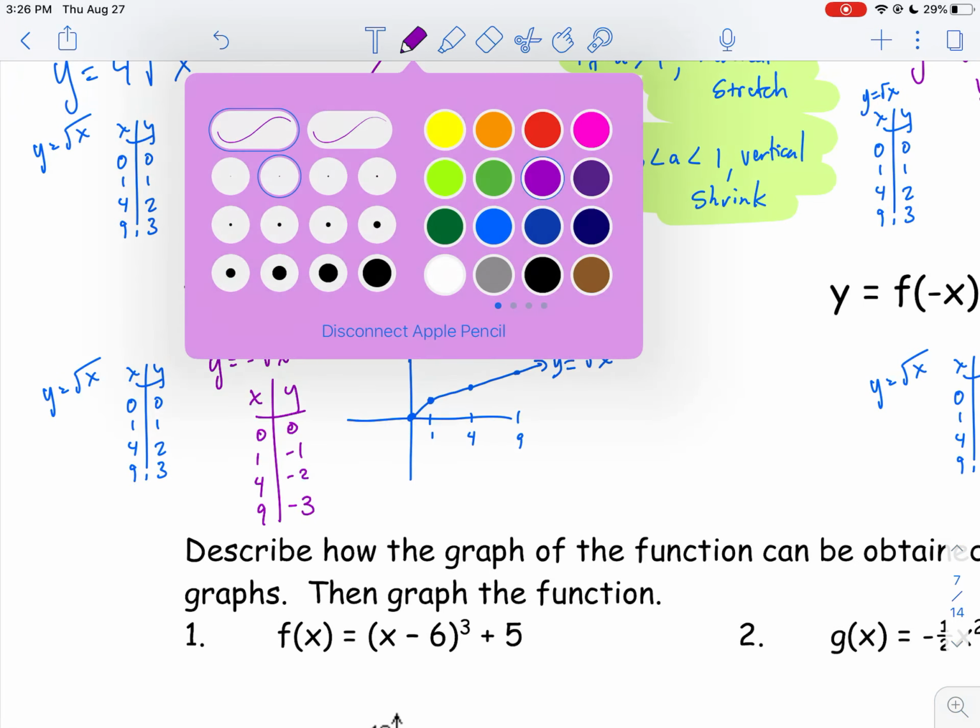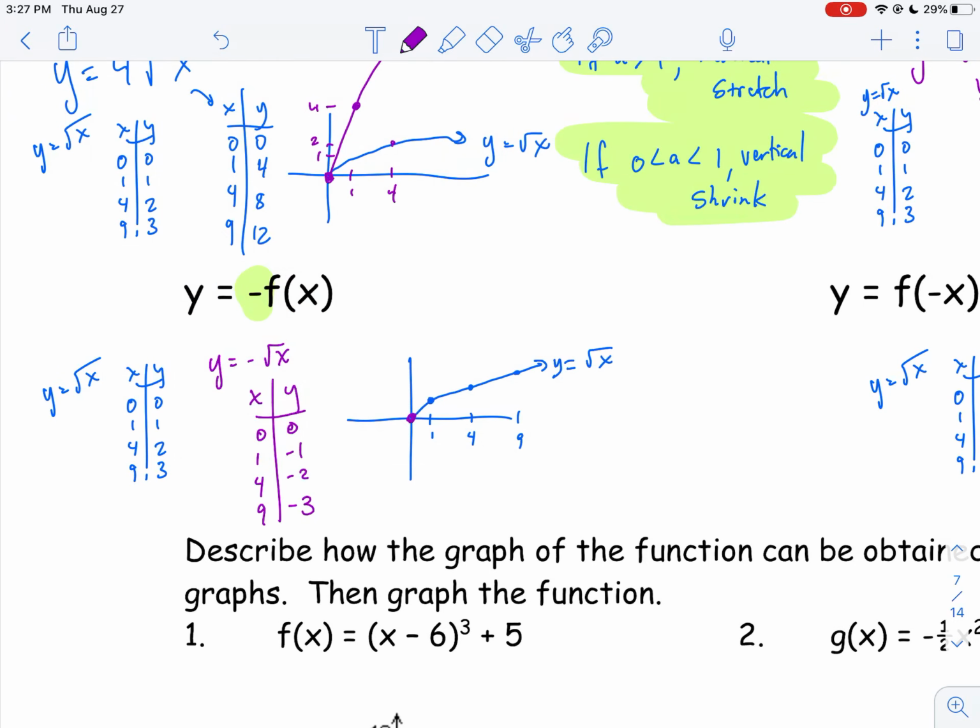Purple one though, now with the negative sign in front, 0, 0, that's still the same, but now it's 1, negative 1, 4, negative 2, 9, negative 3. This is y equals the negative square root of x.